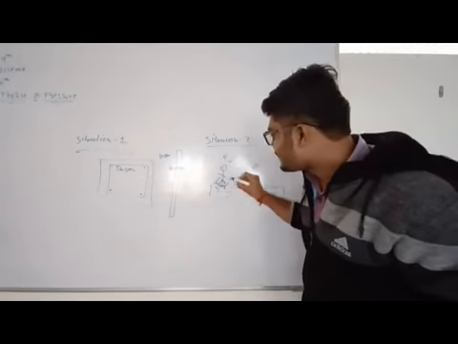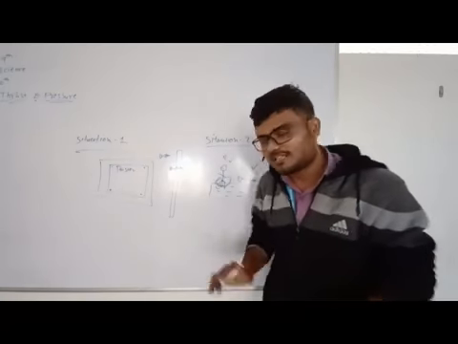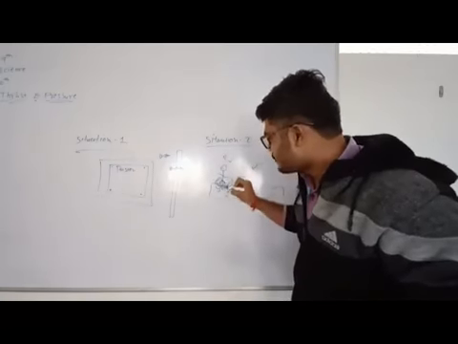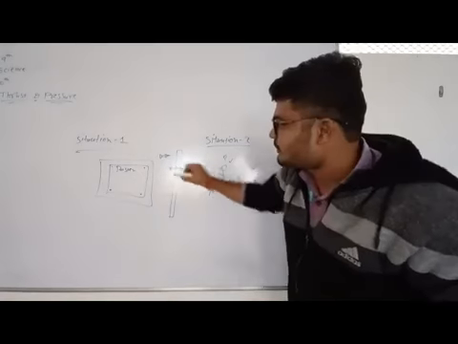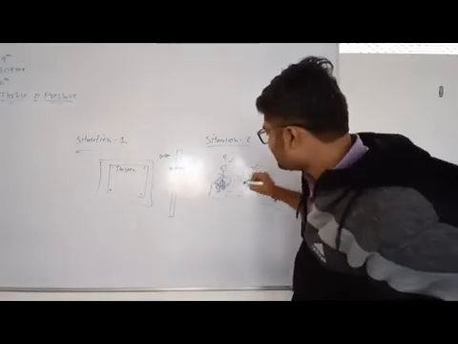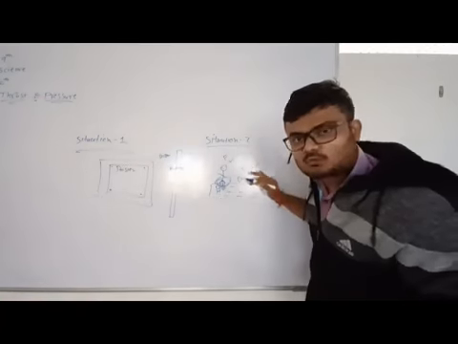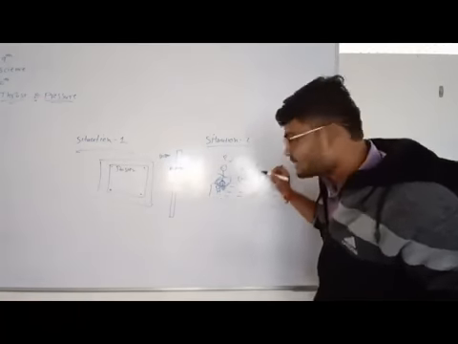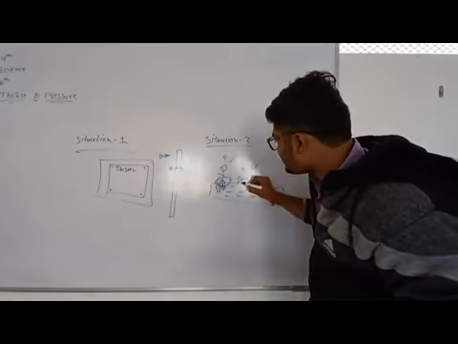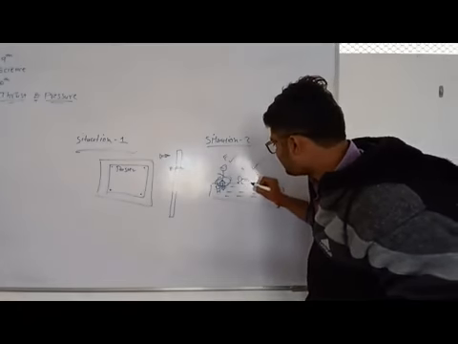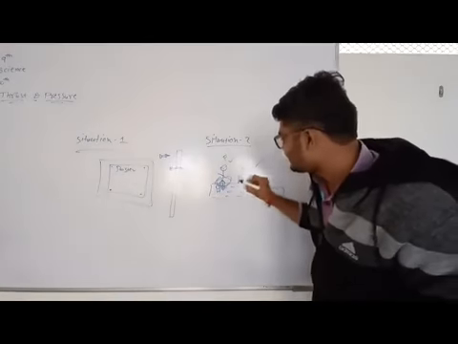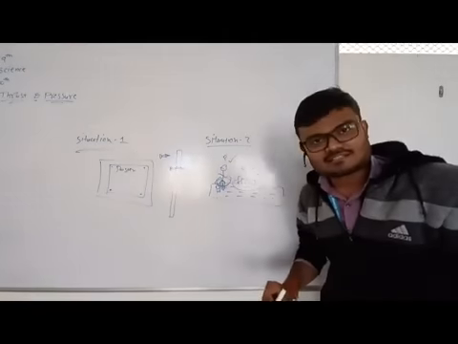Because the force is applied on a small area, the pressure is more. But if he lies down on the sand, the force is the same, but the area on which the force acts increases.